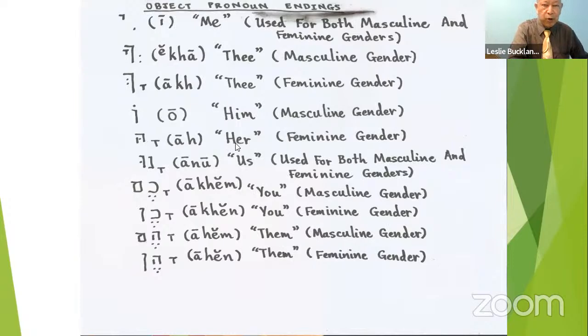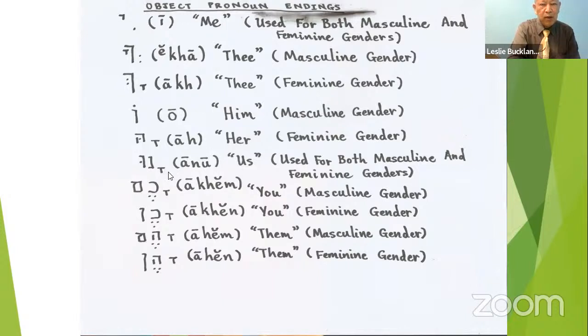In the possessive pronoun ending, I think it is translated as hers. You have his and you have hers. But here it is simply translated as her, feminine gender.